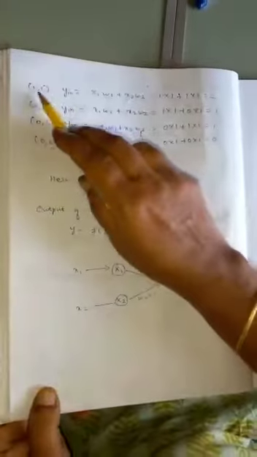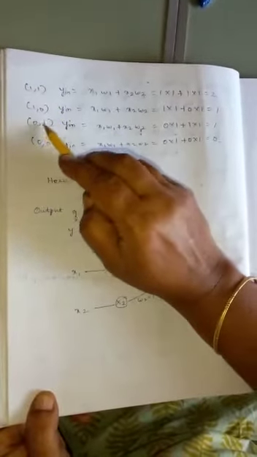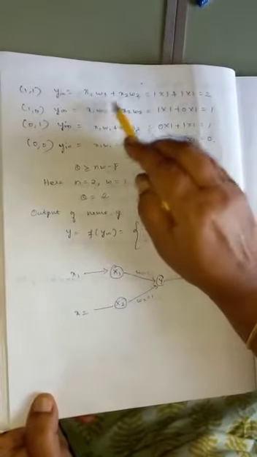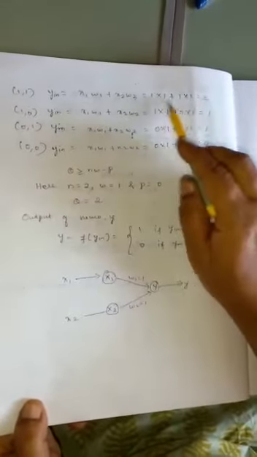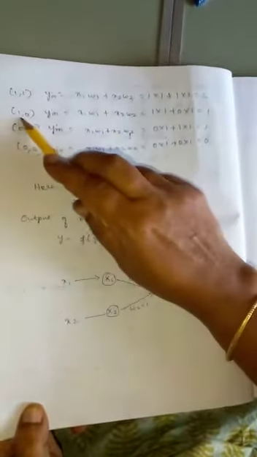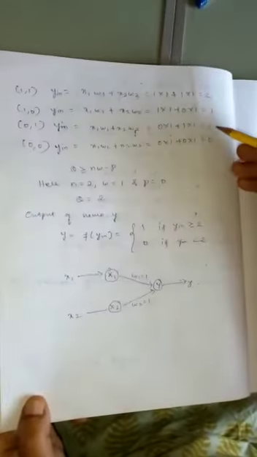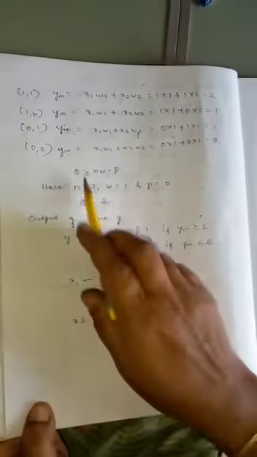Calculate y_in, the net input, for all 4 inputs: 1 1, 1 0, 0 1 and 0 0. To calculate the net input, use the formula x1 w1 plus x2 w2. Here we get 2 for 1 1, for 1 0 you get a value 1, for 0 1 you get a value 1, and for 0 0 you get a value 0. Now calculate the theta value.